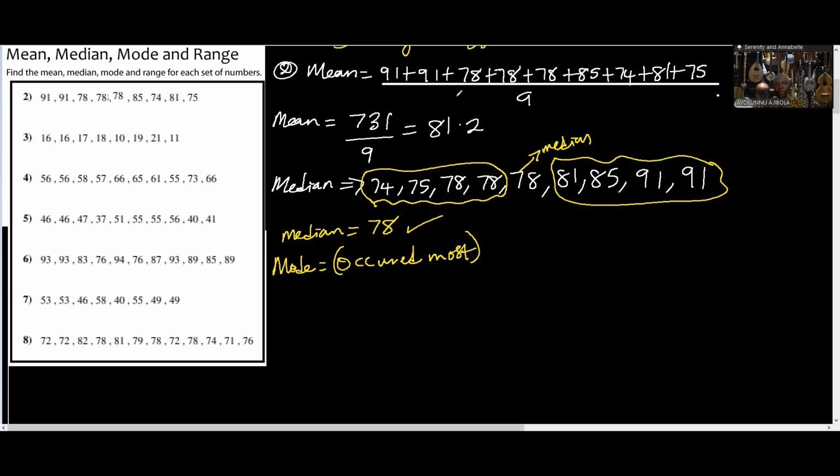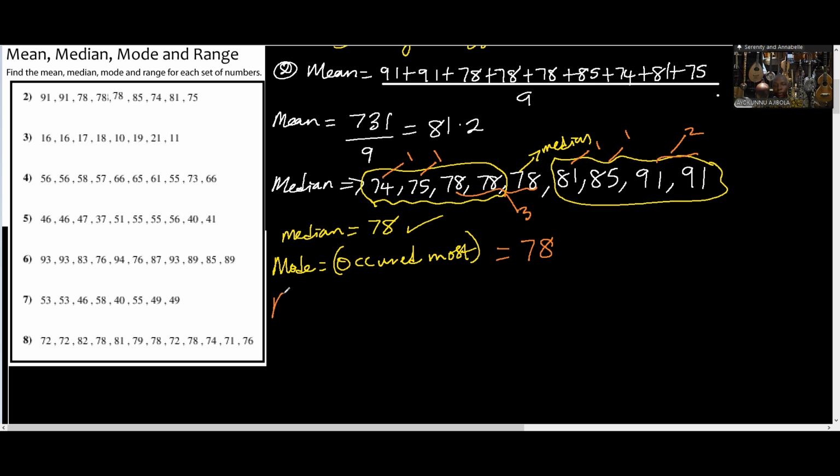The 74 occurred just one time, but this 78 occurred 3 times, and this one occurred 2 times. So the number that occurred most is 78. Our mode equals 78.